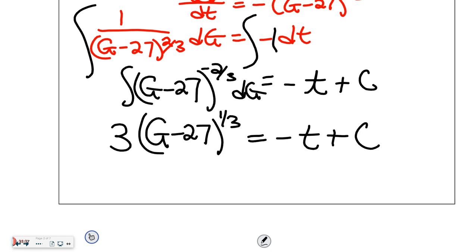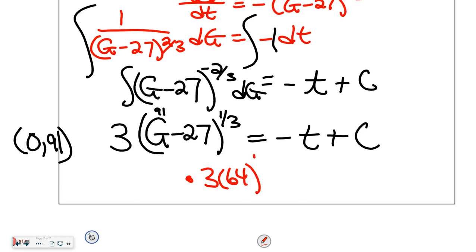I actually do want to find it. What point am I supposed to get? 0, was it 91? Right? So I need to put a 91 in here, either in my head. I'm going to indent when I find it. So I'd have 3 times (91 minus 27) is 64 to the 1/3 has to equal negative 0 plus c.